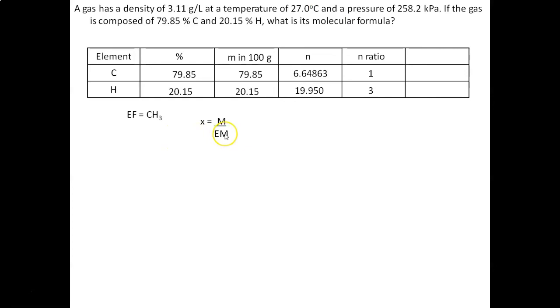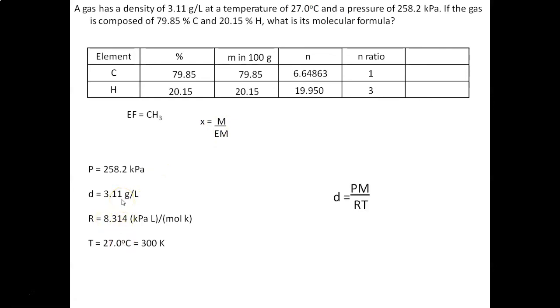Remember, to get the molecular formula, I have to divide the molar mass by the empirical mass. The empirical mass of this would be 15, so I need to know my molar mass. We can use our modified ideal gas law to get our molar mass, because we're given our pressure, we know our temperature, and we know our density.